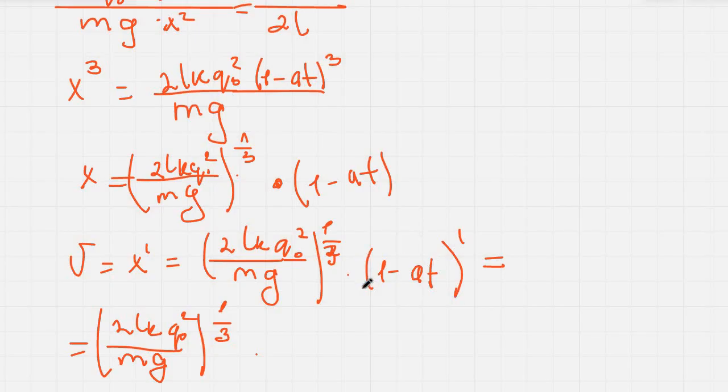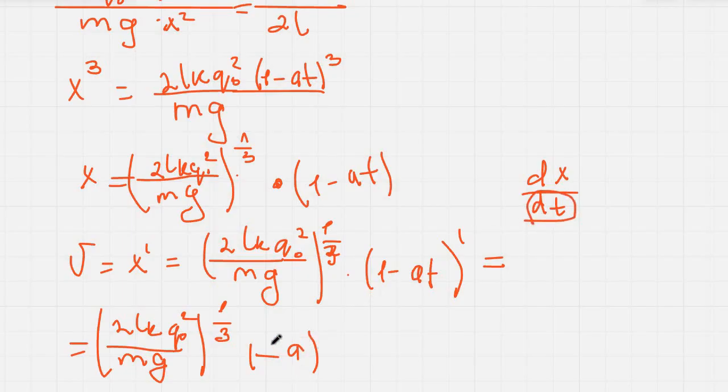When we take the derivative of this, the 1 becomes 0, and we get minus a. We take the derivative with respect to time.